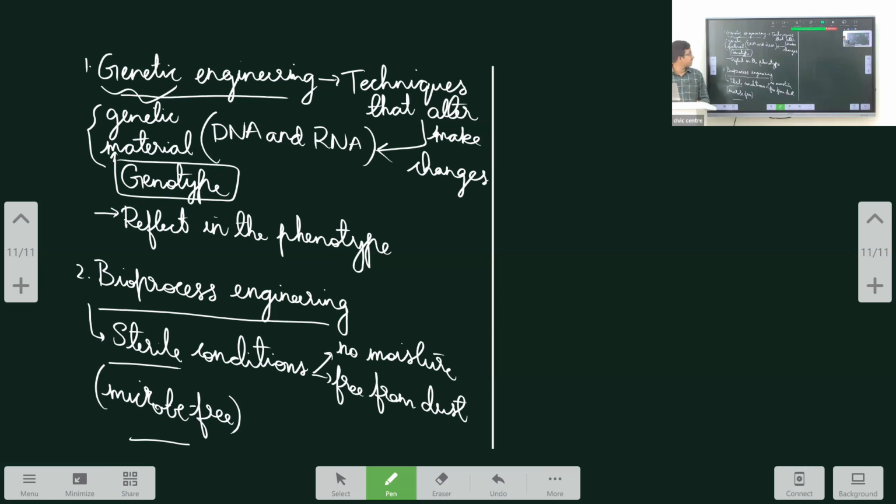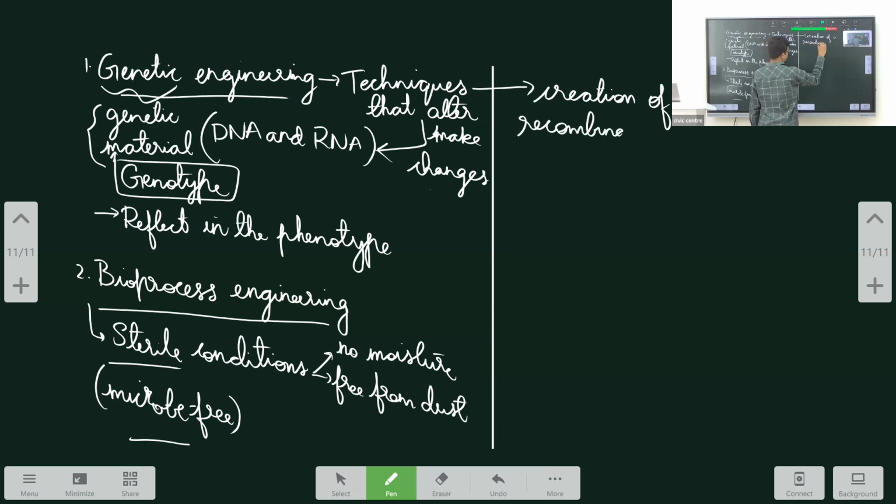And what would these techniques of genetic engineering include? These are techniques used to alter or make changes in the genetic material. The first technique that we would see is the creation of a recombinant DNA. We have looked at recombination in the last sessions.